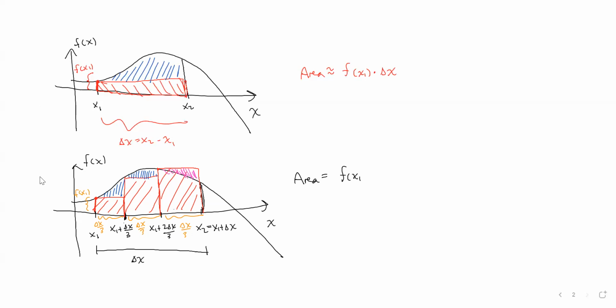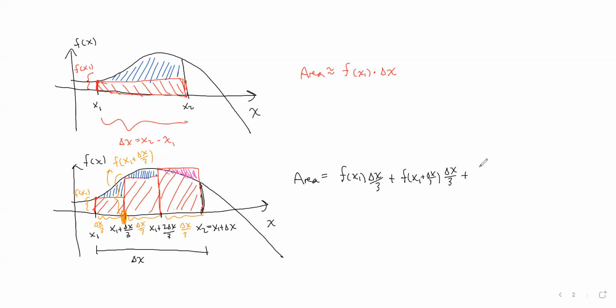Okay, so the area of the first rectangle is f of x1 times delta x over 3, plus this second rectangle over here has a height equal to the function evaluated at x1 plus delta x over 3. That's the x coordinate where I'm evaluating the function. So the area of the next rectangle is f of x1 plus delta x over 3, and its width is delta x over 3.